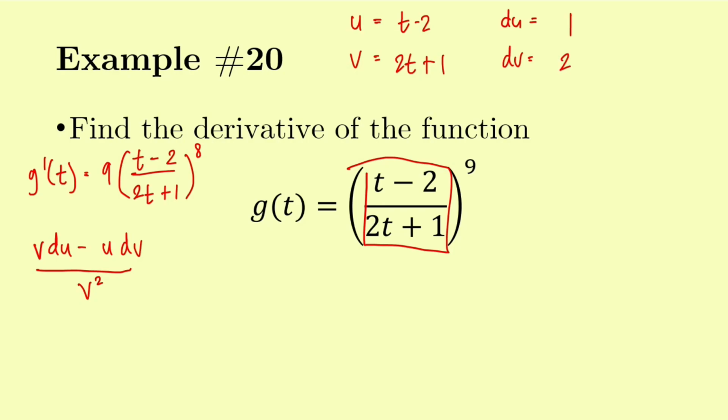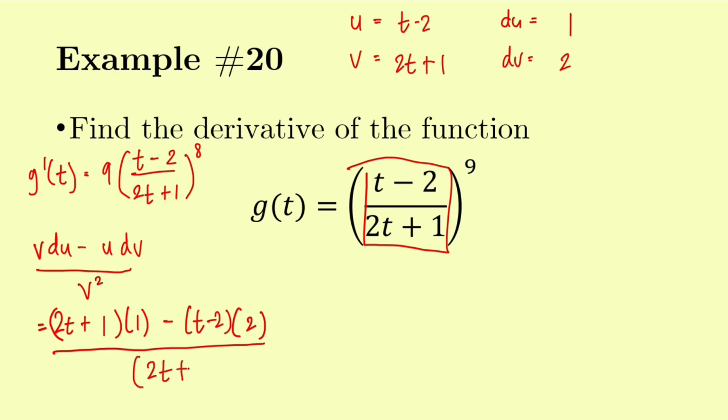So pasok natin yon. V du, so that is 2t plus 1 multiplied by du, which is 1, minus u, which is t minus 2, multiplied by 2, all over v squared, or 2t plus 1 squared.